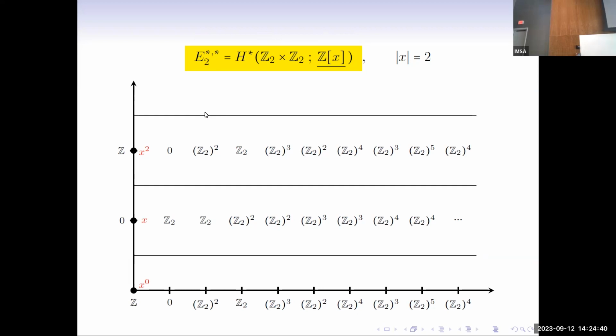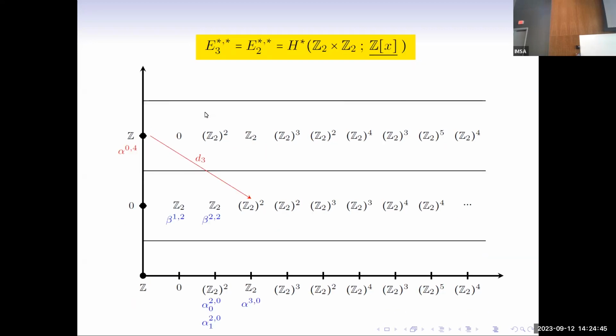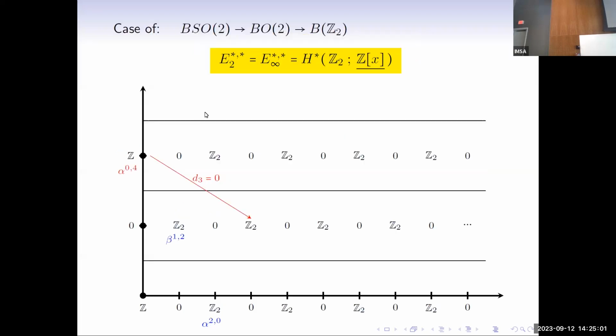It turns out that you can identify the algebra and you see that there's only one possible differential that decides the spectral sequence. You then compare with the spectral sequence of an easier fibration, and in this case it's pretty easy to see that this differential is zero, and that proves the previous differential is zero.